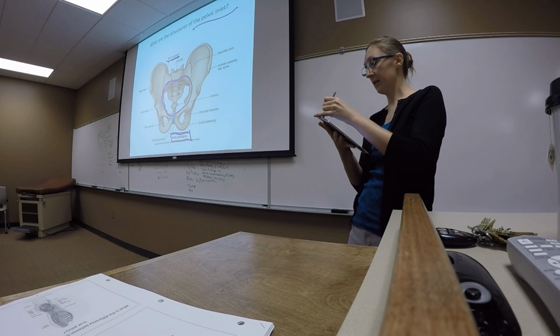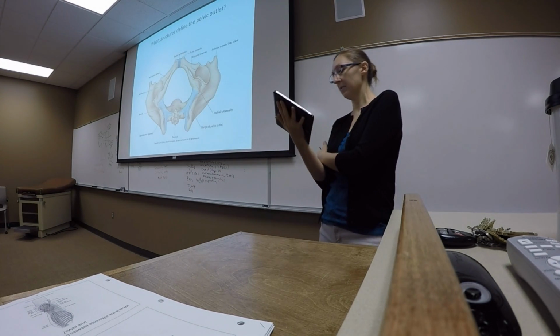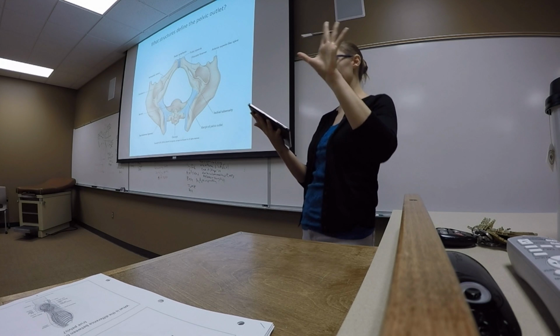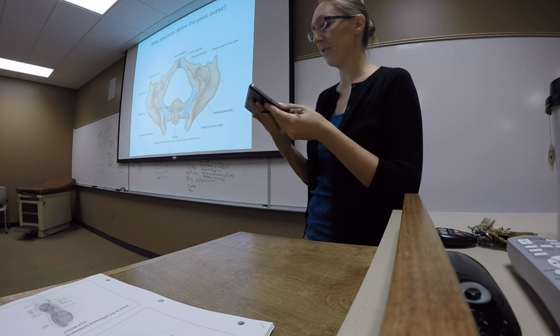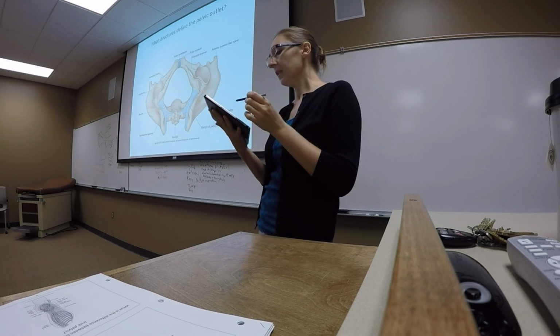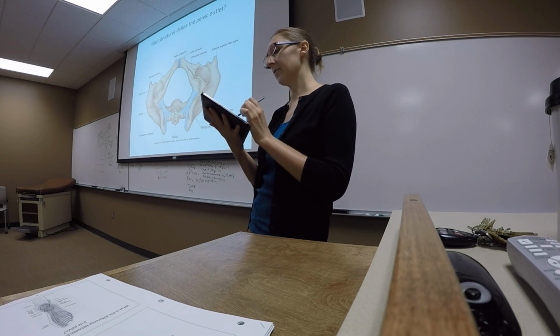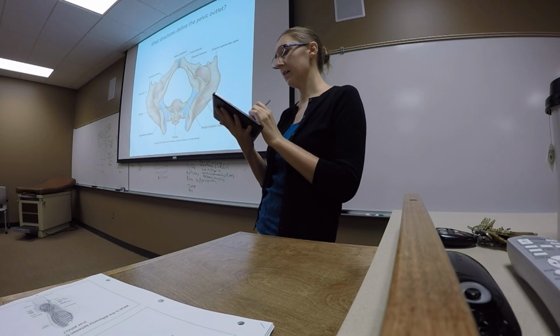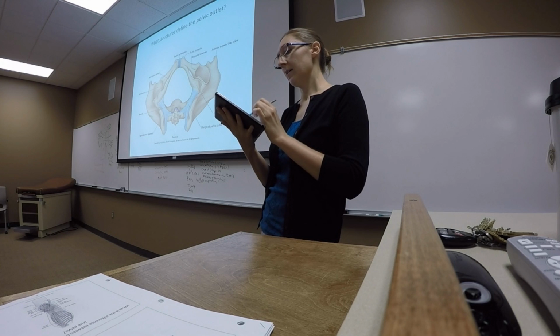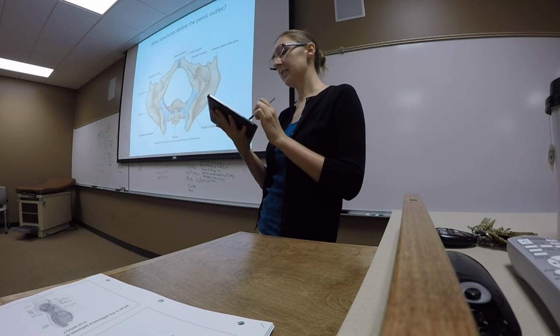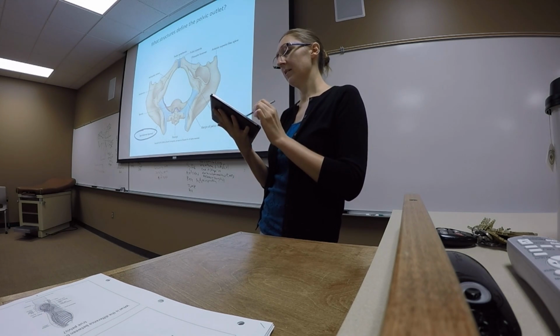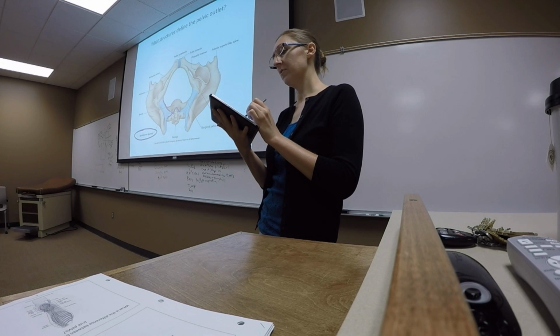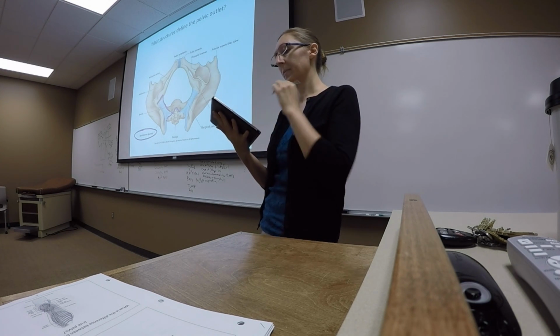Okay, on the other side, we have the pelvic outlet. So we flip the pelvis over, look at it from the inferior angle. We have the pelvic outlet. And so that goes from the tip of the coccyx here, along this ligament here, which is the sacrotuberous ligament, which connects the sacrum to the ischial tuberosity.